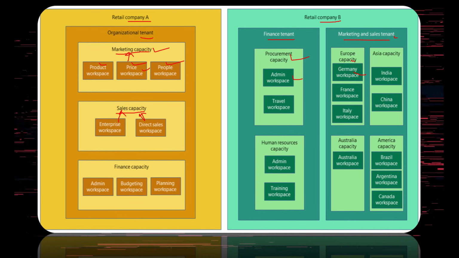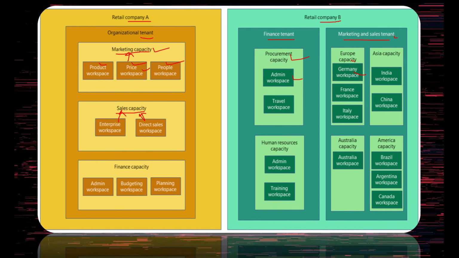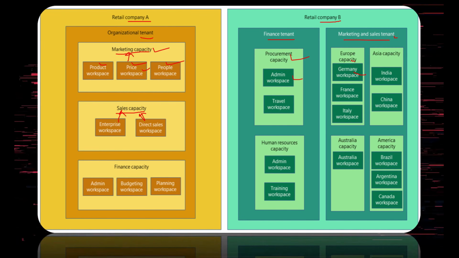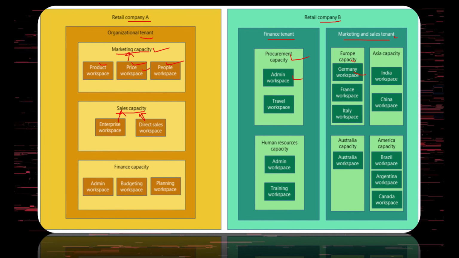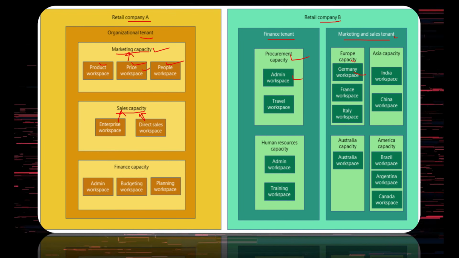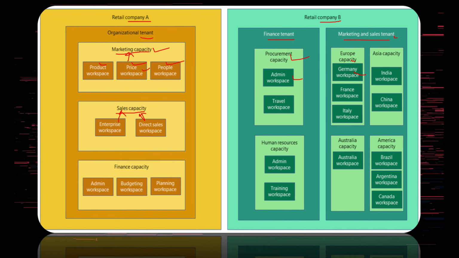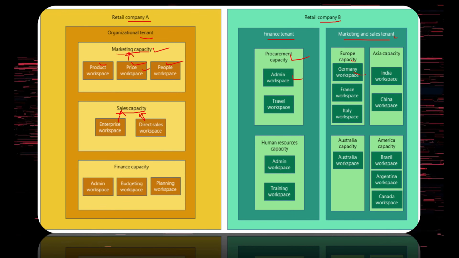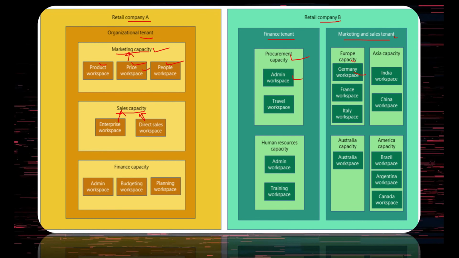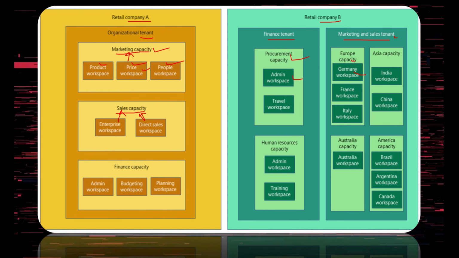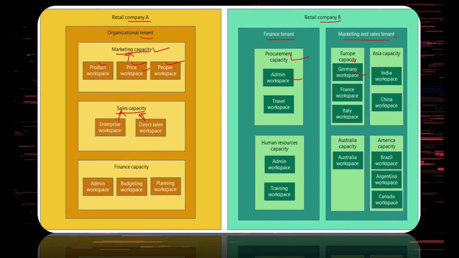And coming to company B, that is organization B. They have created two separate tenants because their organization might be very huge, or they might want to segregate it for some logical reasons. So here they are choosing two different tenants, and it is their choice, their option. In each tenant, like procurement capacity in finance, they want to have two different capacities: one is procurement and the other human resource.